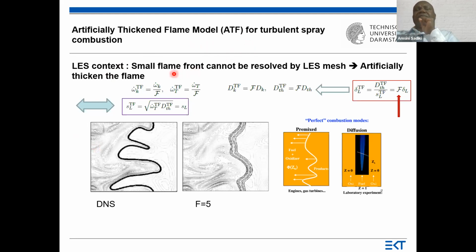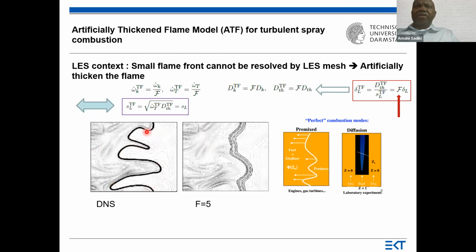This model is a way to avoid the fact that in LES we are not able to resolve the thin flame fronts.